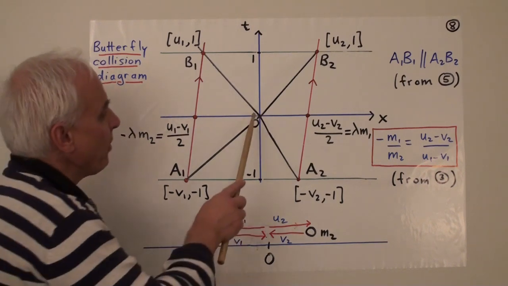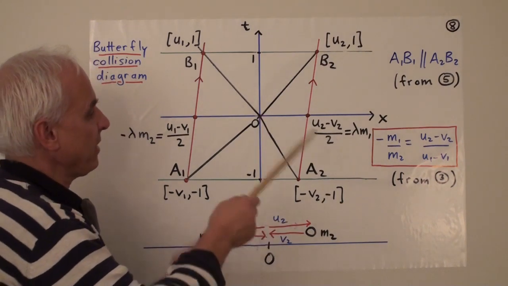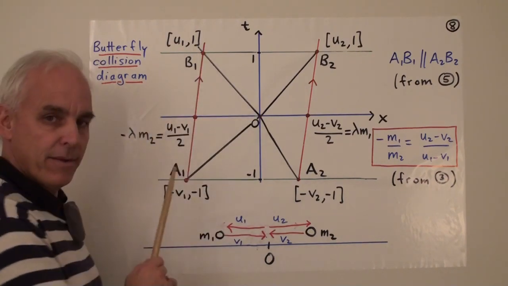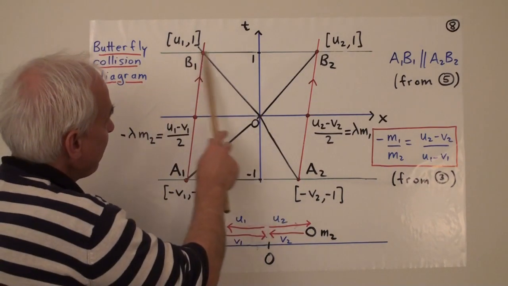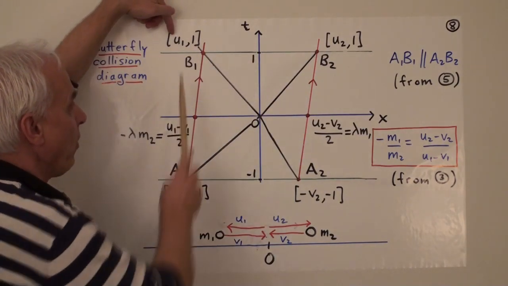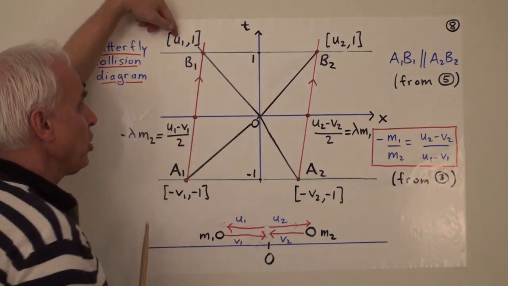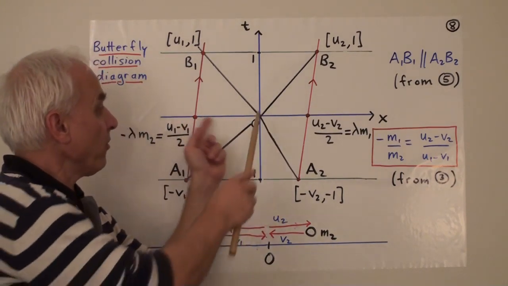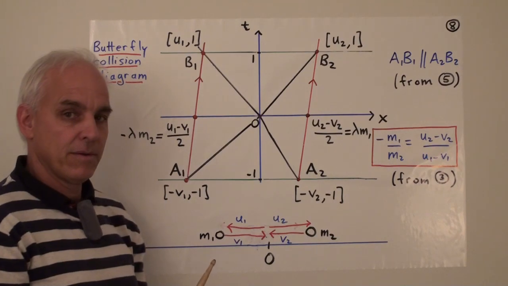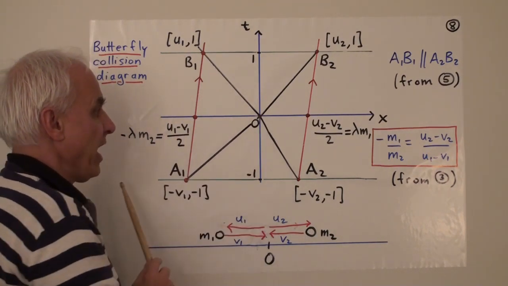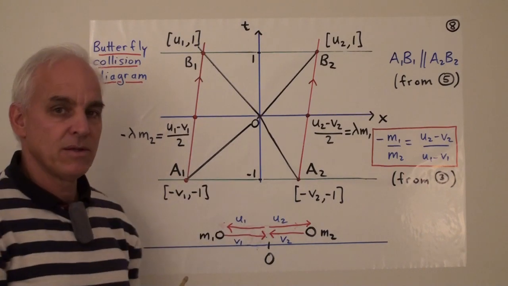In a similar kind of way, once we have the particle bouncing back, here it's moving this direction here, and here's its world line. Wherever it meets the line t equals 1, say at the point u1, 1, right, then u1 is going to be the velocity of this particle represented by this world line. Why? Well, just because the velocity is the change in x divided by the change in t.